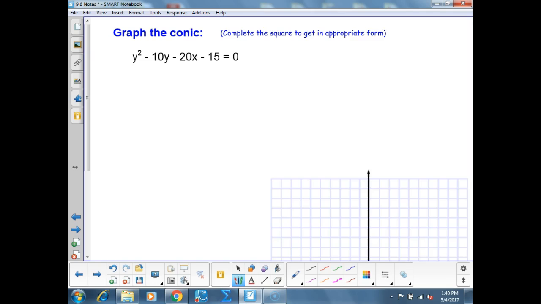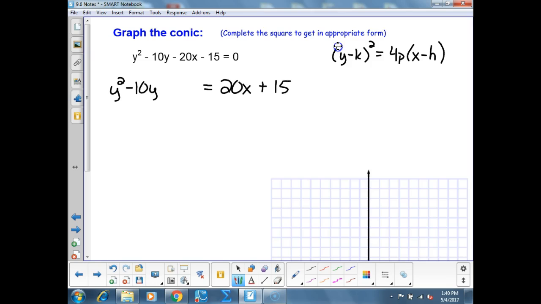And so the parabolic form here is y minus k quantity squared equals 4p times x minus h, right? So the y's, if you'll notice, the y's are all on the left side, so keep the y's on the left side. Y squared minus 10y with my gap is going to equal positive 20x plus 15.